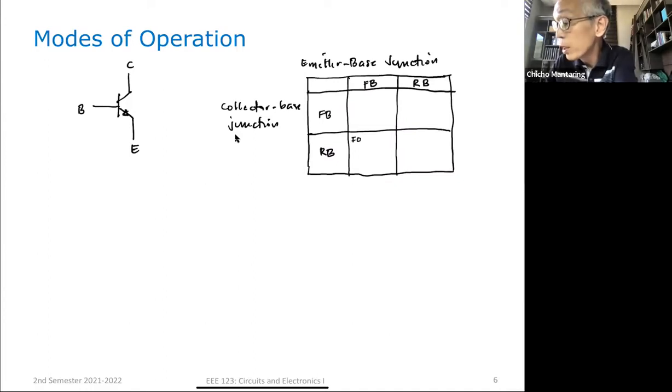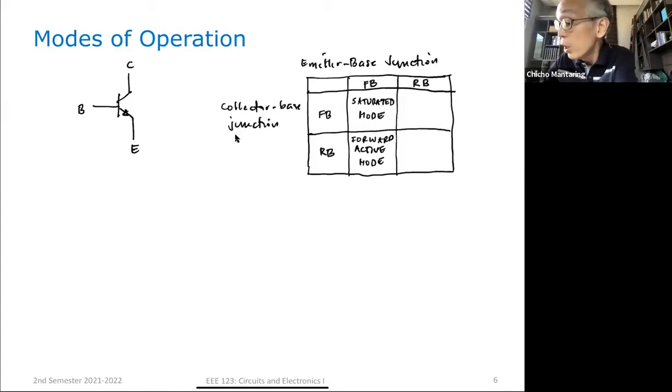When both the emitter junction and the collector junction are forward biased, you call this saturated mode.